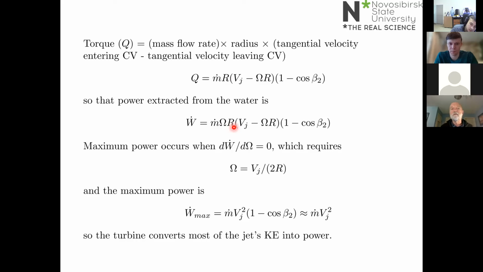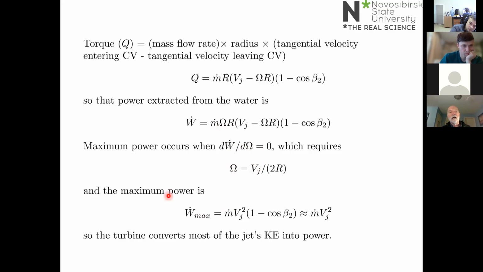So if we're looking for a condition that gives us maximum power, it makes sense to differentiate this expression with respect to omega and set that equal to 0. In one line, you have the condition that gives you optimum power: the rate of rotation is equal to the jet velocity over 2 times r. Or alternatively, the jet velocity is twice the circumferential velocity of the turbine.